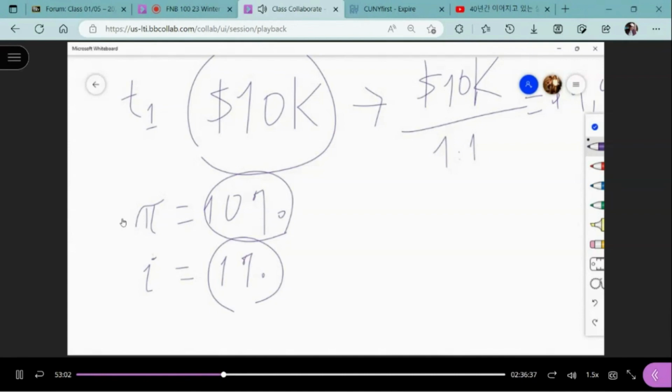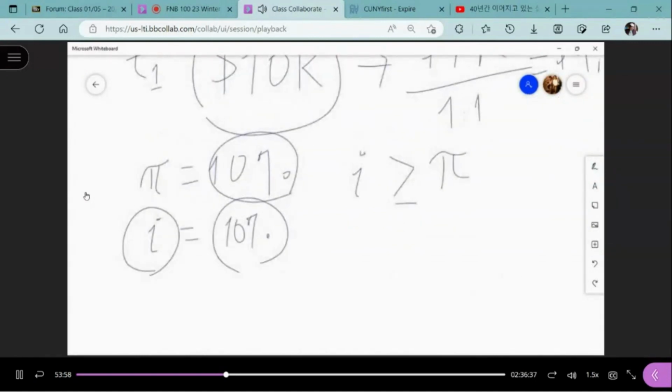So here's the thing. Even if you are a conservative investor who is not very ambitious and doesn't expect a huge return, at least the return on investment, in this case the interest rate, you want to be greater than or equal to inflation. So if the interest rate is 10%, then 1 year later you will have 11K in the bank.